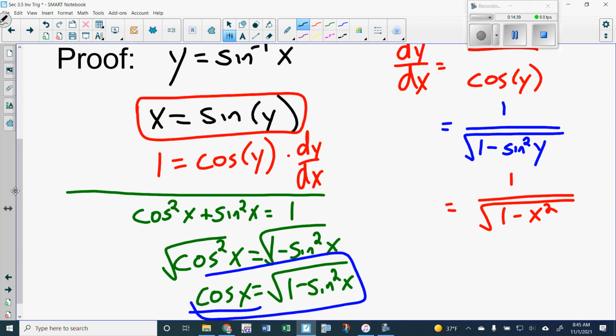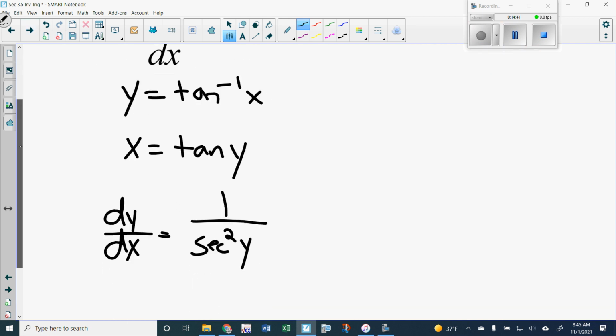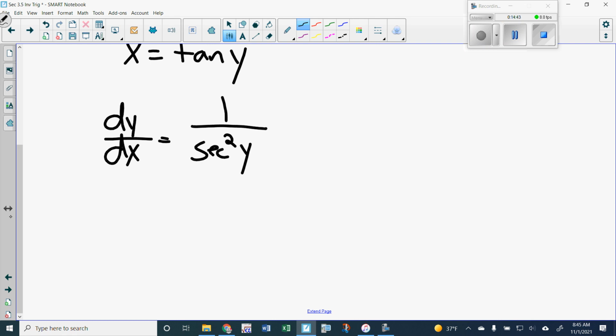Do you remember your fundamental trig identities? Do you have your formula paper? Okay, Sarah's got it. So what is the secant squared?